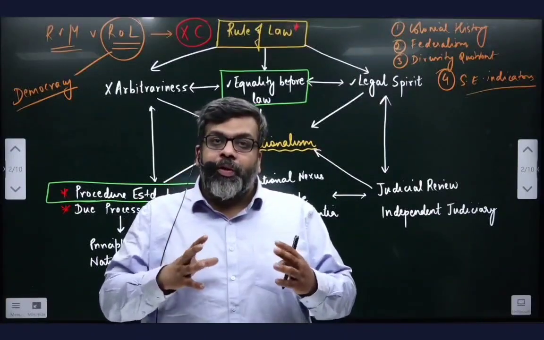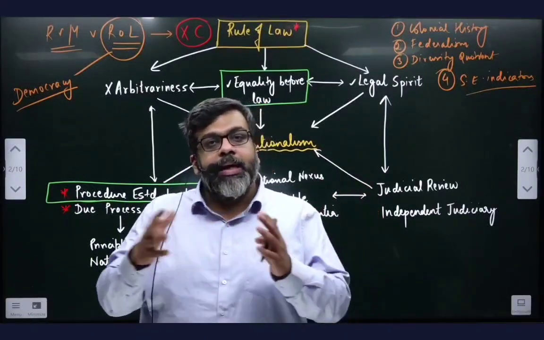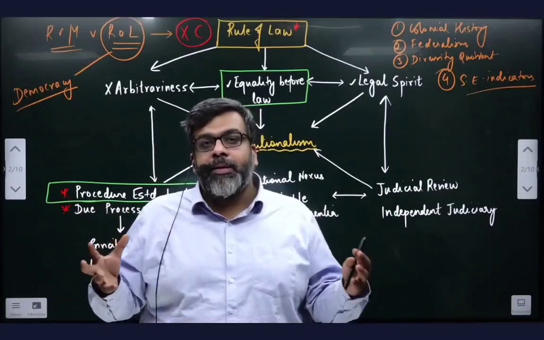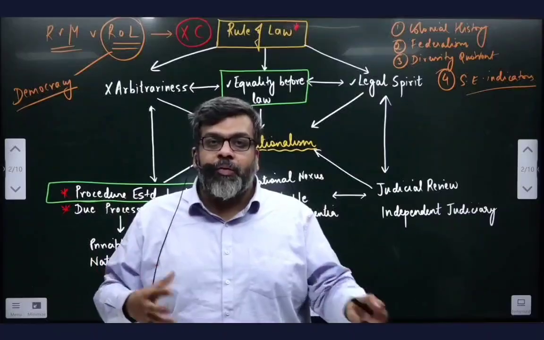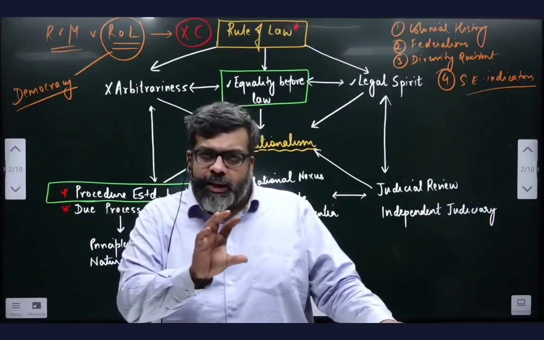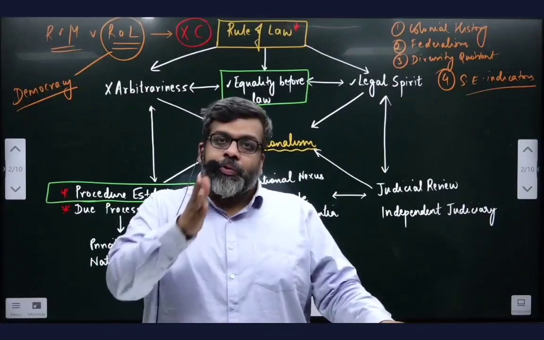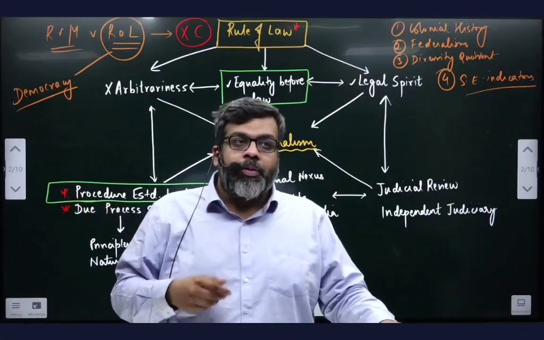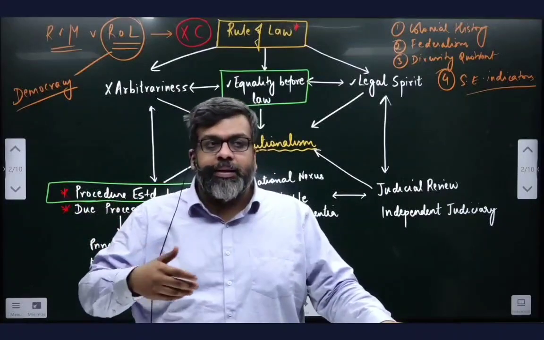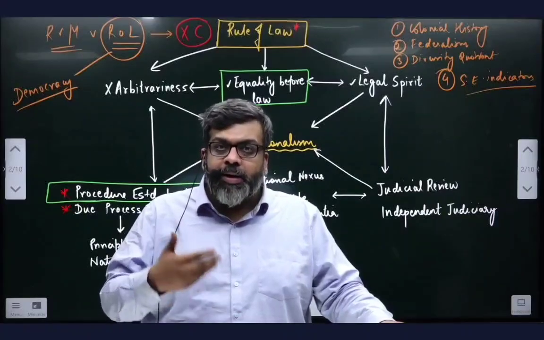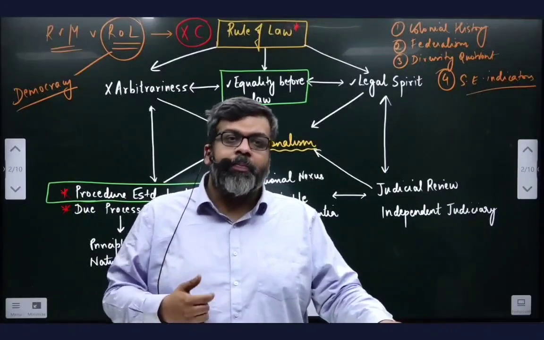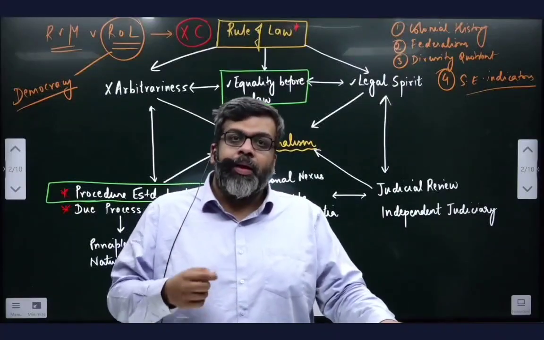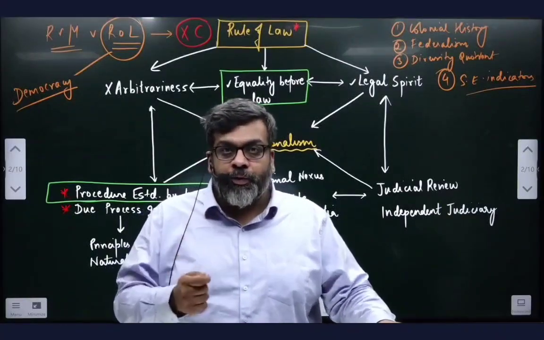So the original Diceian understanding of rule of law versus the globally accepted principles of rule of law has a little bit of a difference. Based on Diceian concepts of rule of law, which you would also see similarly in several Indian manuscripts and Indian texts, there are three basic principles, three basic pillars of rule of law.